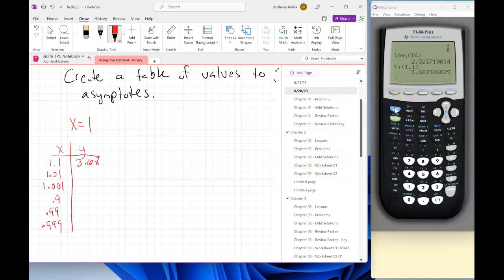Now, instead of navigating back through all those menus to get that y1 symbol again, what I'm going to do is press second and the enter button. That's going to recall the last thing that I typed into my calculator. And I'm just going to go back and edit the 1.1 to be 1.01. And then second and enter, and I'll make that 1.001.